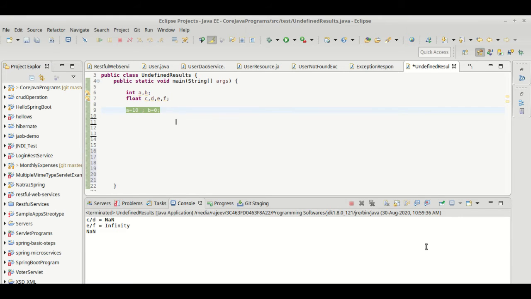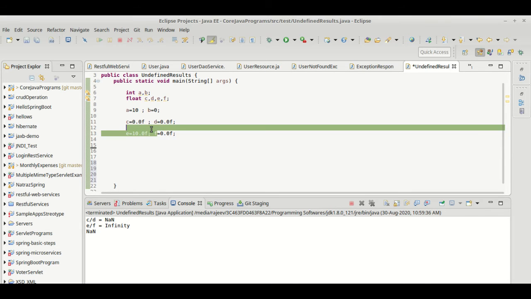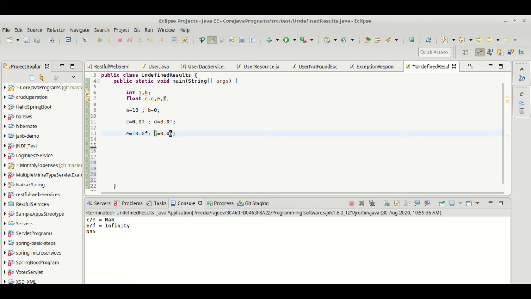Now initialize these values: a as 10, b as 0, c as 0.0f, and d equal to 0.0f. Now e equal to 10.0f and f equal to 0.0f. Don't confuse: this f is the variable, and 0.0f, the f there, is given to represent float. Now we will print the output.